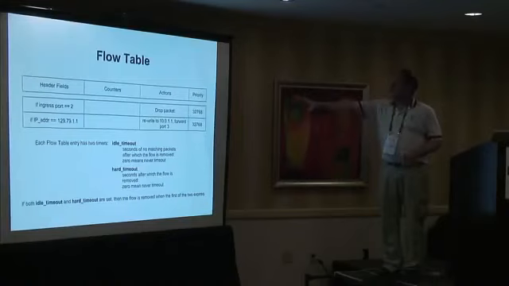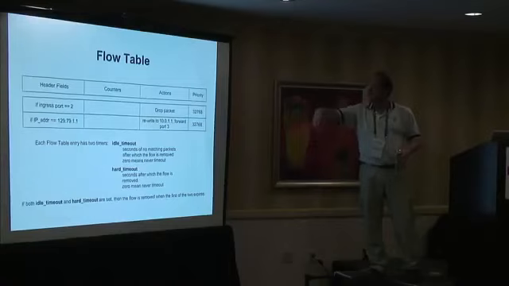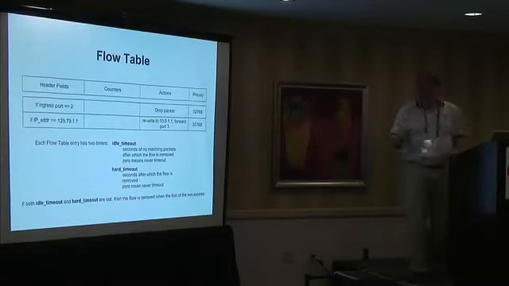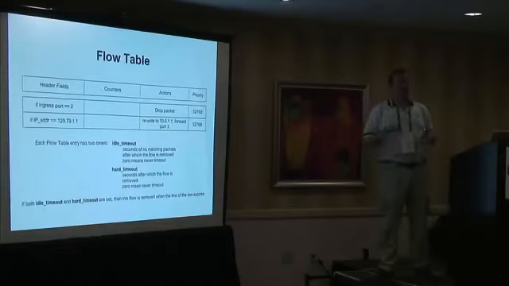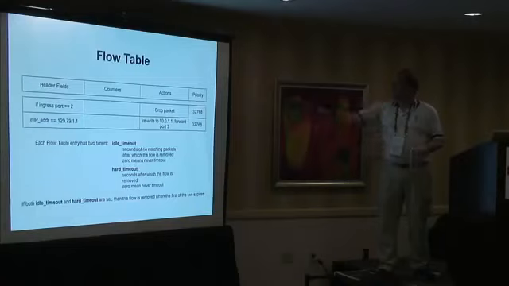There are also timers in the flow table. So in addition to having header fields and counters and actions and priority, there are timers, and each flow entry can have no timers, which really means timers with 0 value, or they can have an idle timer or a hard timeout timer or both.